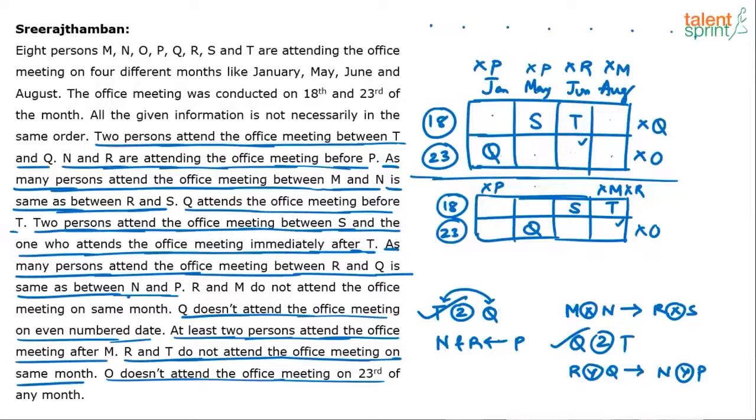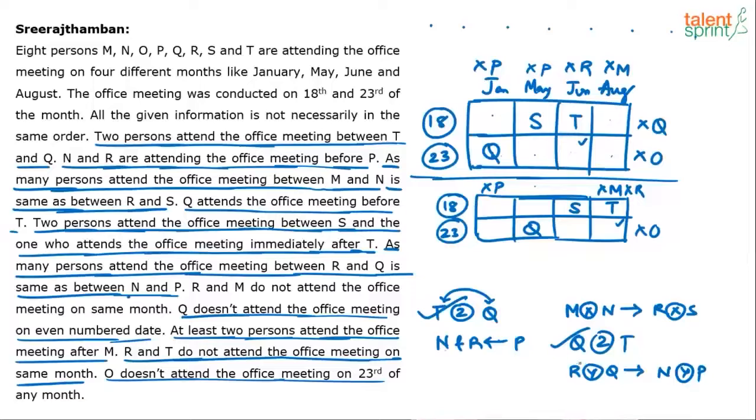Like maybe we have to start with those conditions that the number of people between R and Q is the same as the number of people between N and P. Yeah, so maybe let's start with this point.